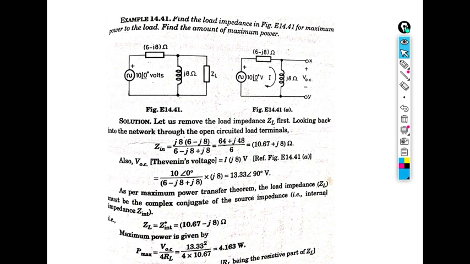Now, in this problem we do not know the load resistance or inductance. In AC, it happens that due to some reason the load resistance or impedance may change. That's why we consider that we don't know the load resistance, and we have to find out when the maximum power will be transferred.